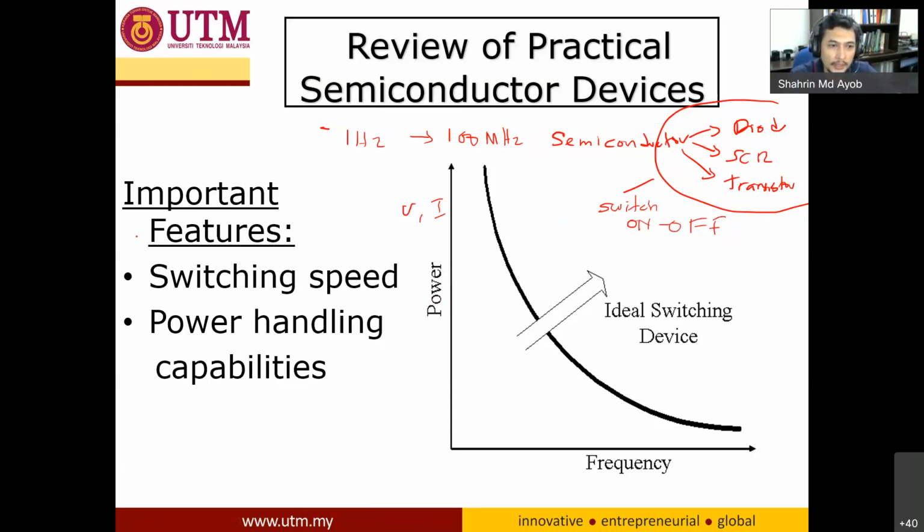I hope you understand. These are the two main features to consider when selecting a suitable power semiconductor in your circuit. As you can see, this is the graph of power versus frequency.